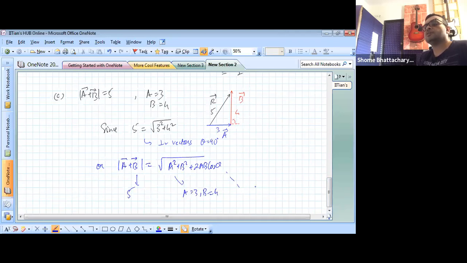So solve this whole thing, you will get cos theta as 0. So you know that theta is 90 degrees. That's the algebraic way of solving, whereas this one is geometry wise.